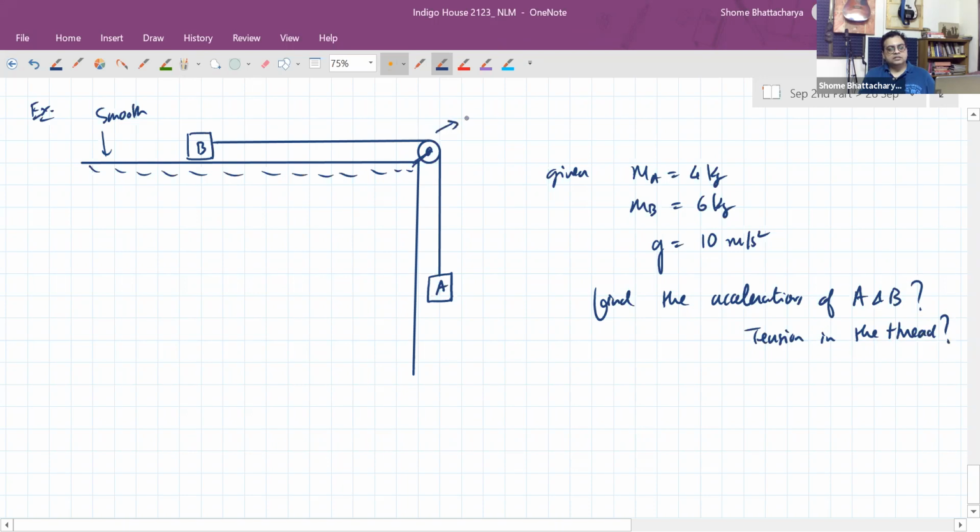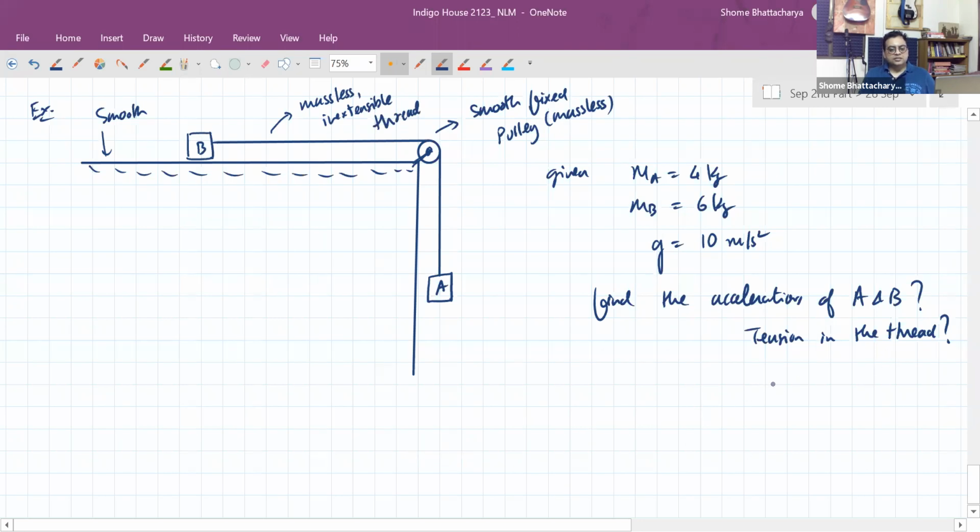And we will consider this to be a smooth fixed pulley, which is also negligible in mass compared to the blocks A and B. And this one, as usual, is a massless and also inextensible thread.